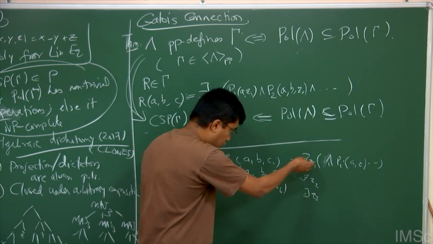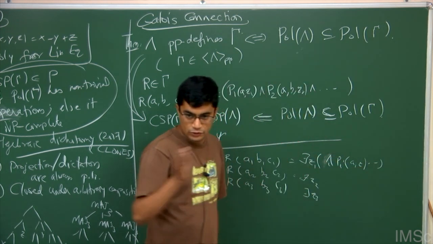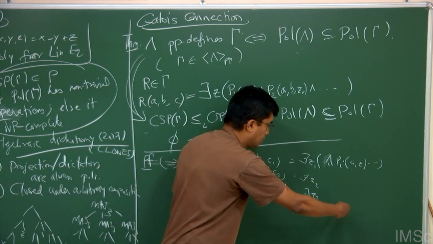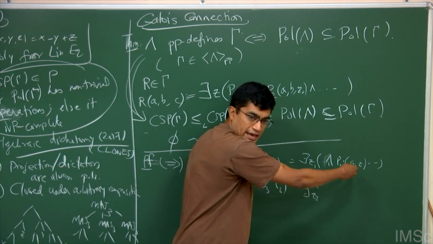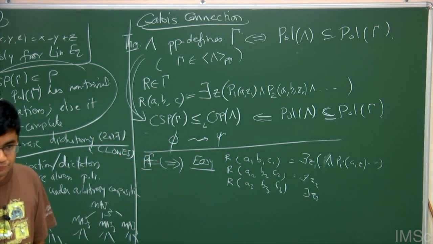And now you explicitly use those auxiliary variables. Now you have a giant formula of ands. There is no quantification. Now you just apply the polymorphism on the Pi's. You know that the new thing you get will be in Pi.